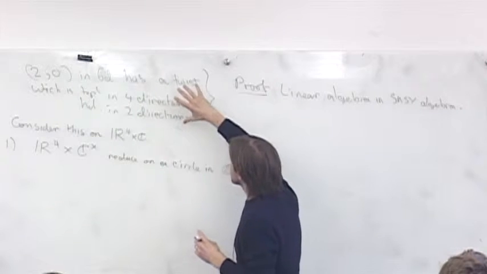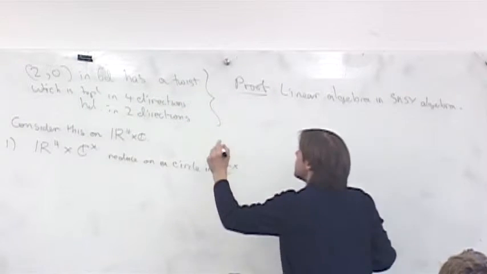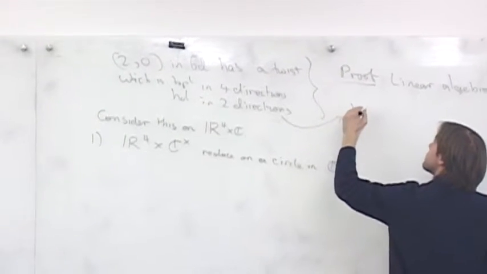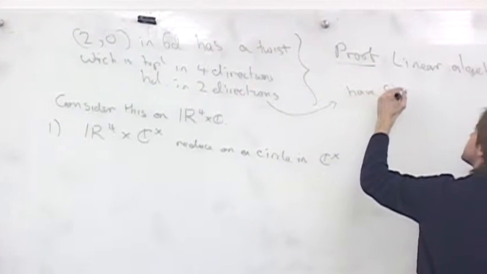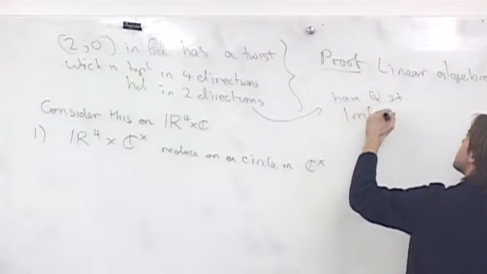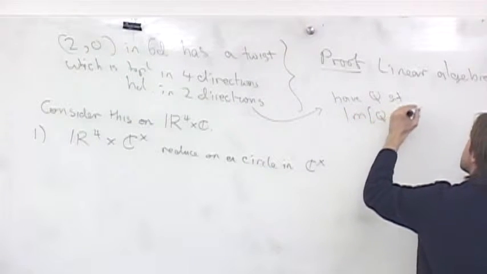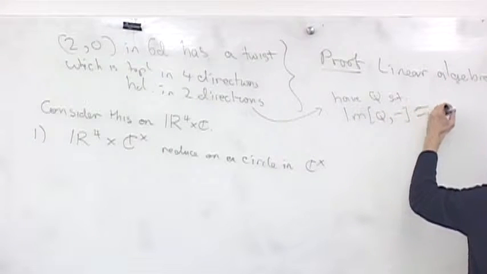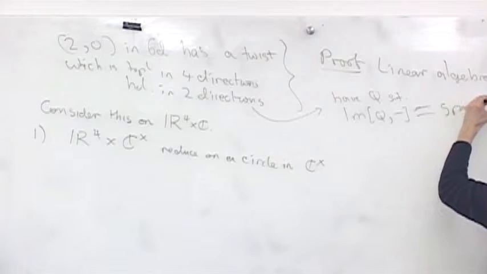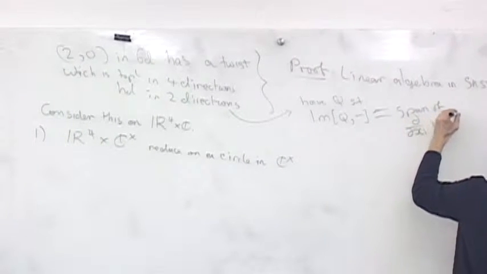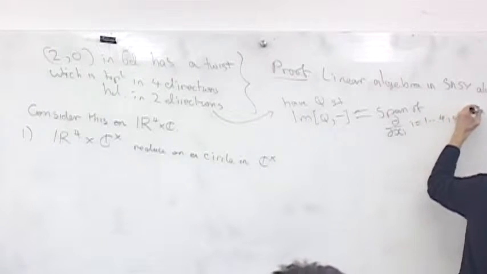So what does it mean it has a twist in these directions? I have a supercharge Q such that the image of Q is equal to the 5-dimensional space of d/dx_i, i equals 1 to 4, and d by dz bar.